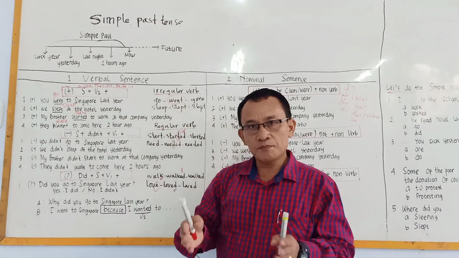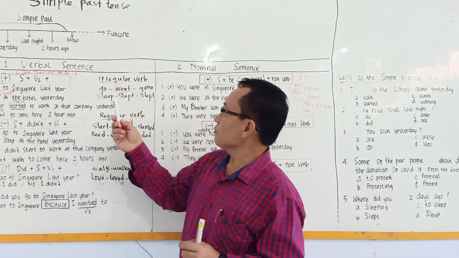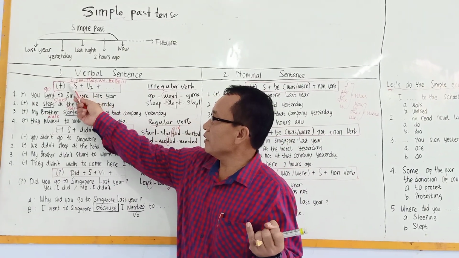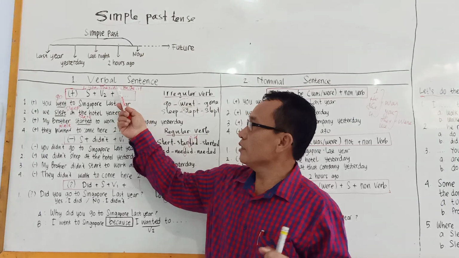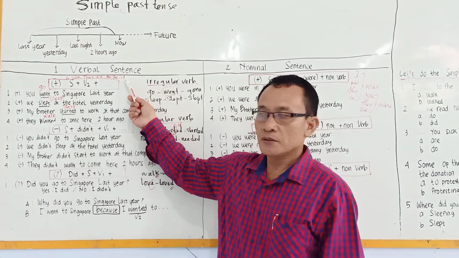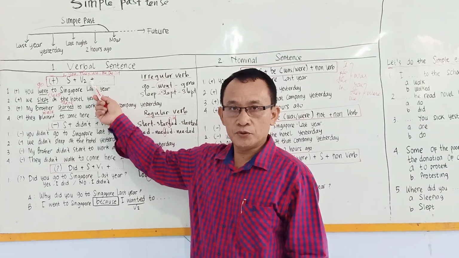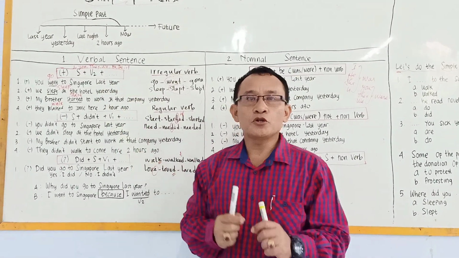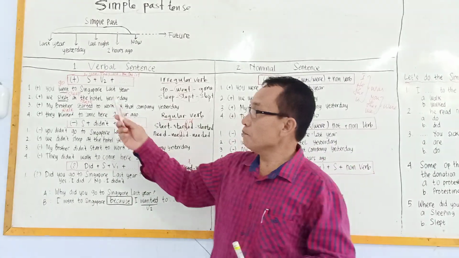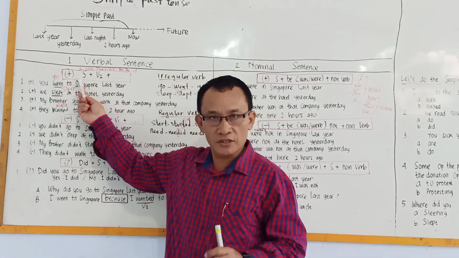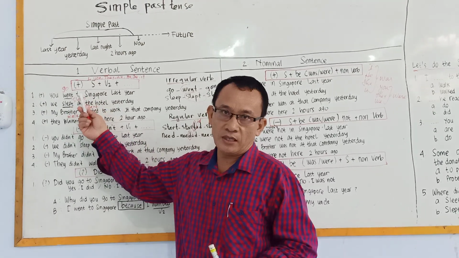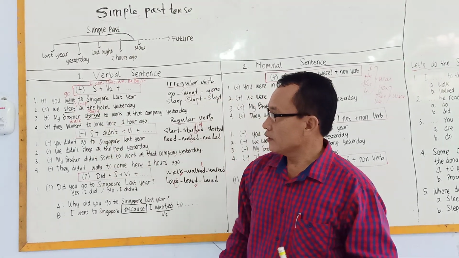So all subjects, I, you, they, we, he, she, it, must be followed by verb 2. Okay? It is for positive sentence. So you must remember first whether the sentence is positive, negative, or interrogative. For a positive sentence, just follow the formula. Okay? Well, let's see the example.